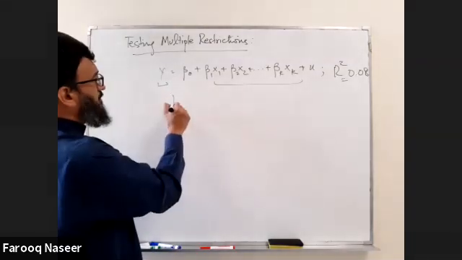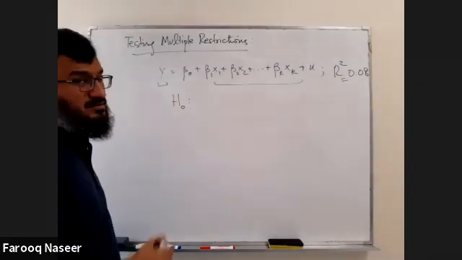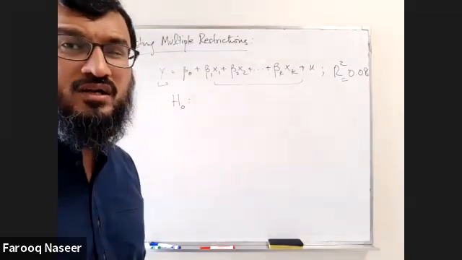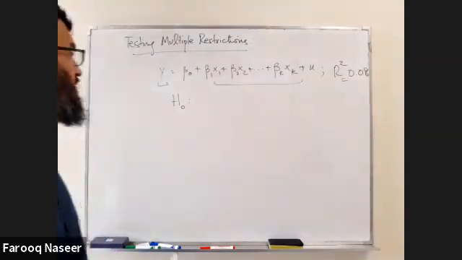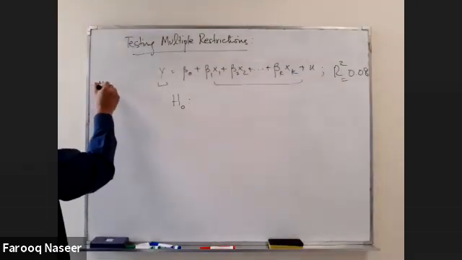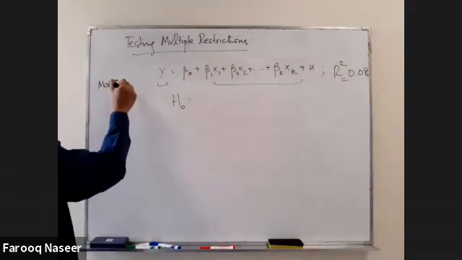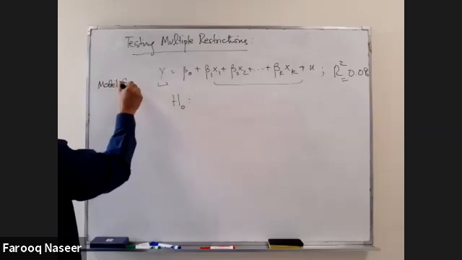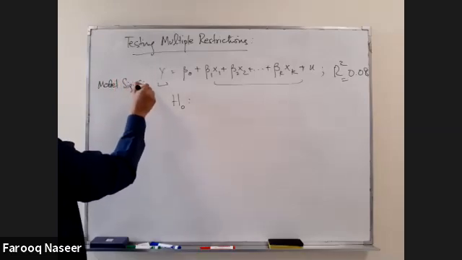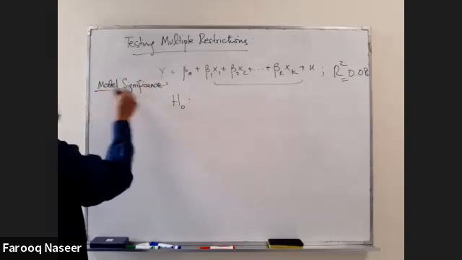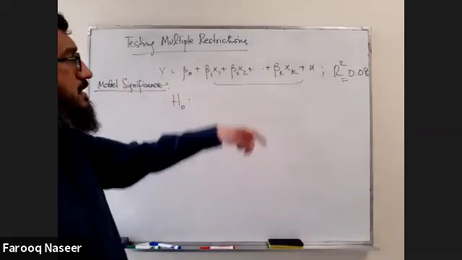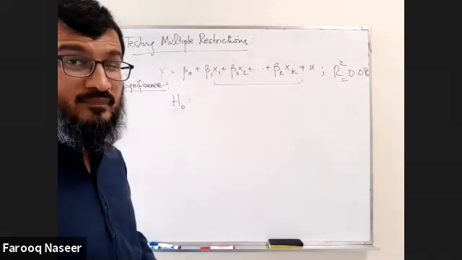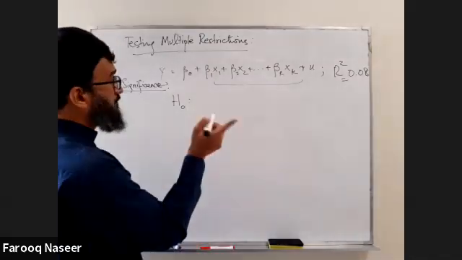So what is the null hypothesis in that case? That is sometimes called a test of model significance. So what is the model significance test? Whether my regression model is statistically significant or not. Taken together, these x variables, whether they have any correlation with y in the population or not.